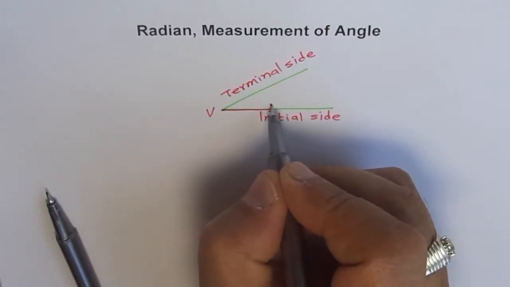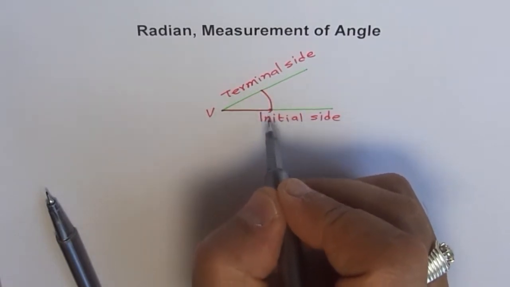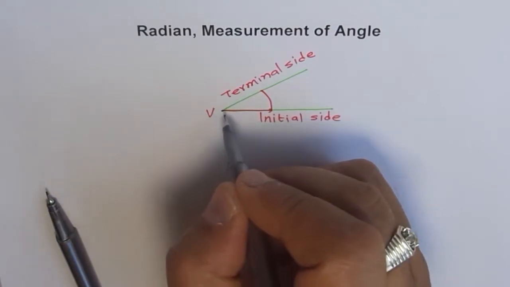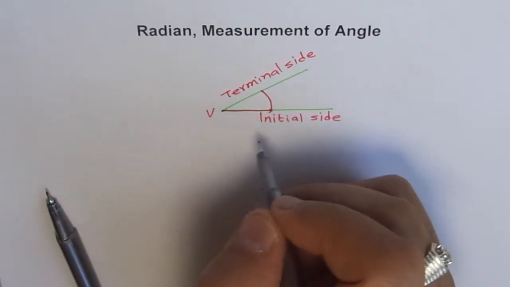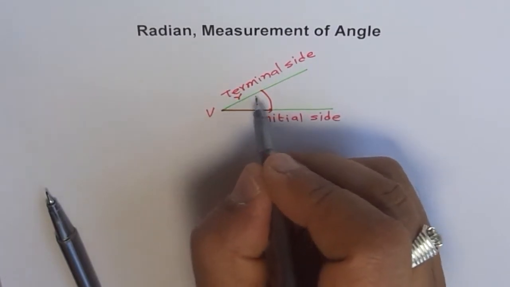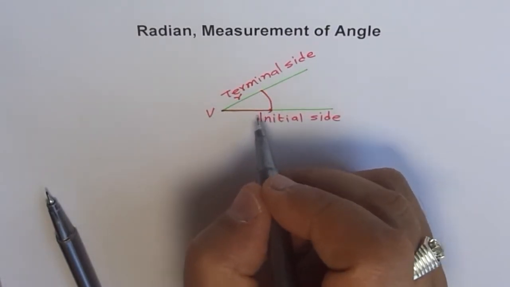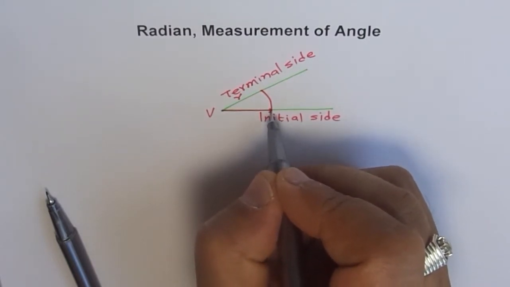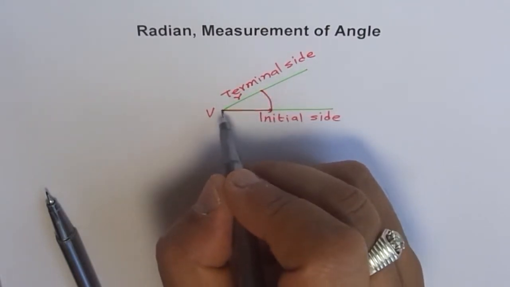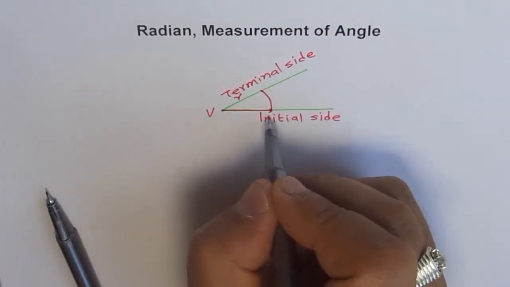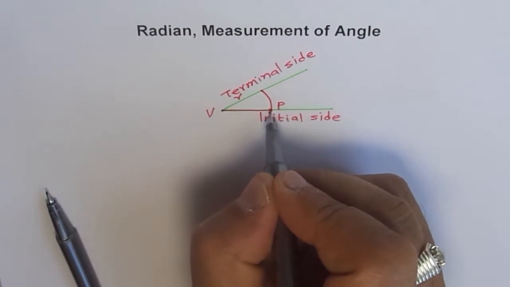And as you move like this, it makes an angular arc, and if you just completely draw it with this vertex, it will form a circle with radius r. Let us say this is radius r, okay? So let's say that we rotate this point P from here to here with the vertex at V. And let us say that this distance from here to the point P is r.